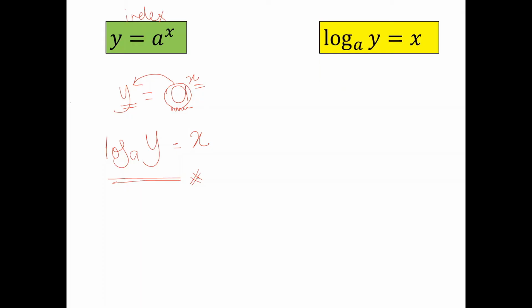Now if I have this log form, we apply the same concept. We have log y base a equal to x, and we want to change this log form into index form. So identify the base. Our base is a. y and x will remain on their original side, so y will remain on the left hand side and x will remain on the right hand side.